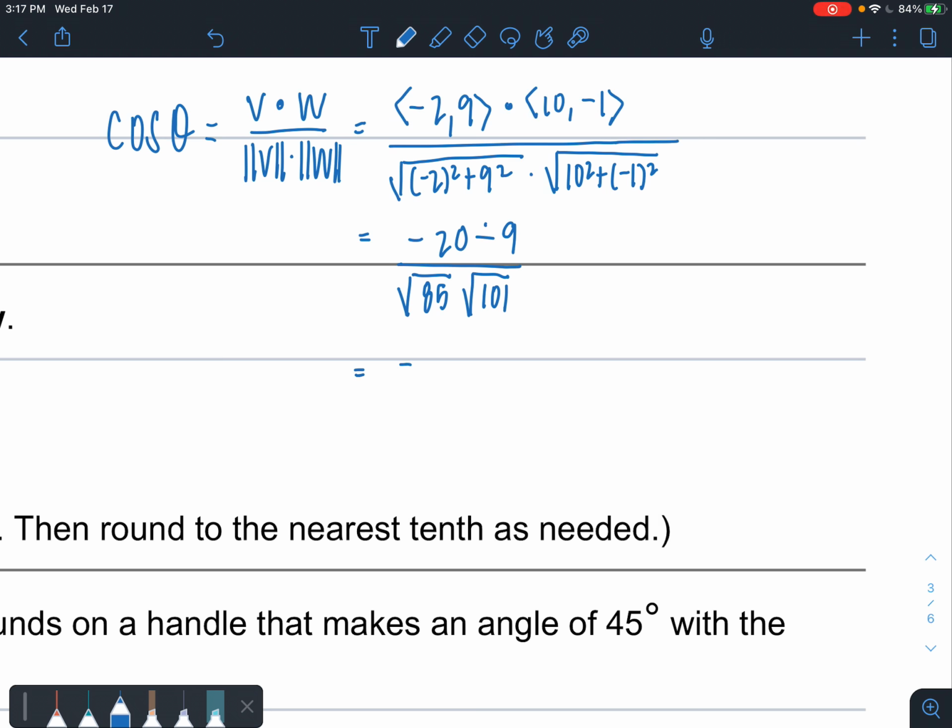So then from there, we have the negative 29 over the square root of 85 times 101, which would give us 8585. And so then this is all equal to cosine theta. So then theta is equal to the inverse cosine of 29 over the square root of 8585.